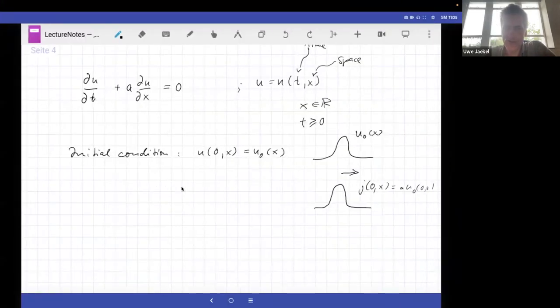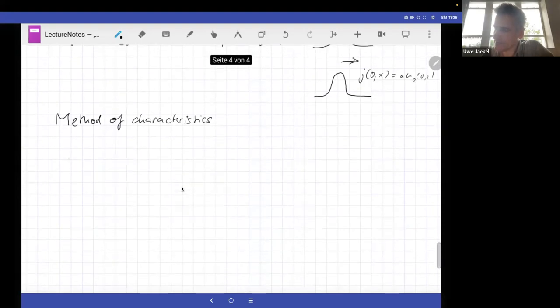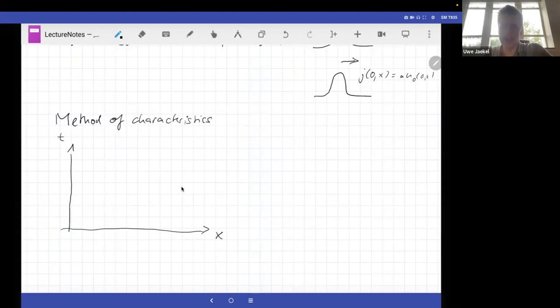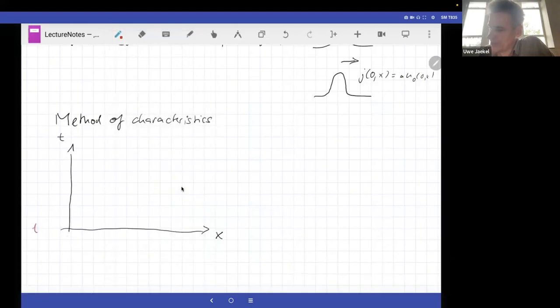Okay, now we want to solve this problem, and this is done with the so-called method of characteristics. So we have 2 dimensions. Let's say this is the x dimension, the space dimension, and this is the time dimension. At t equals 0, we have our initial condition.